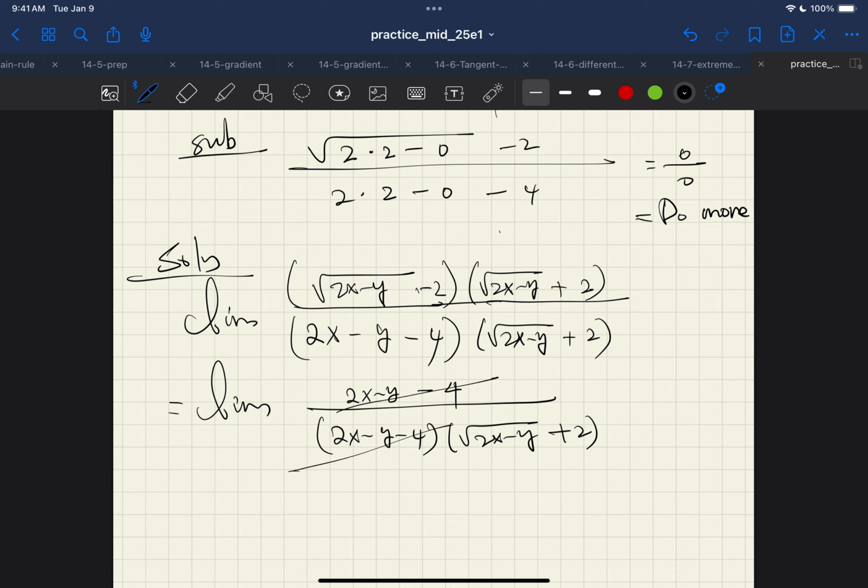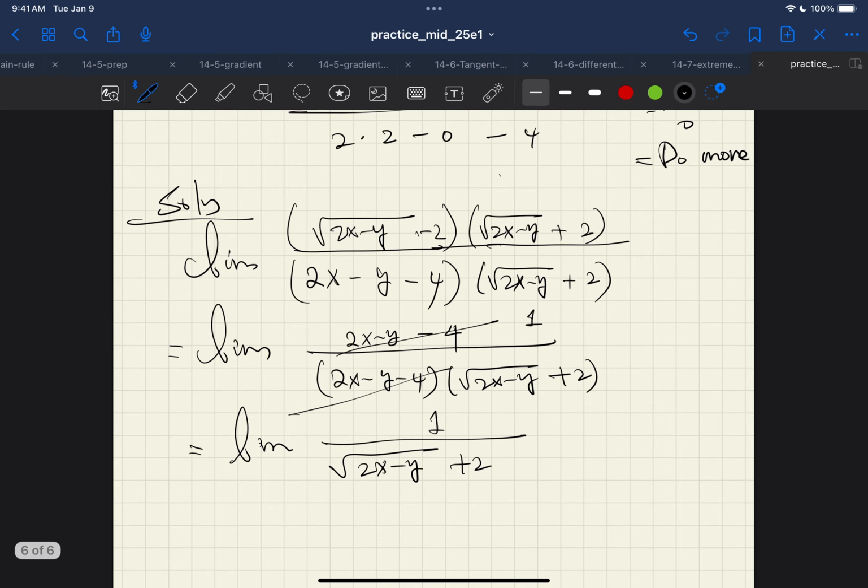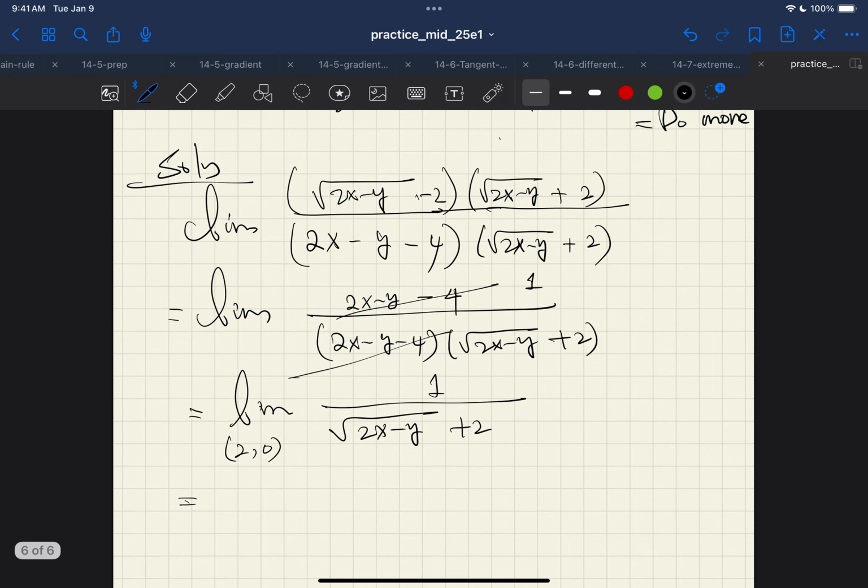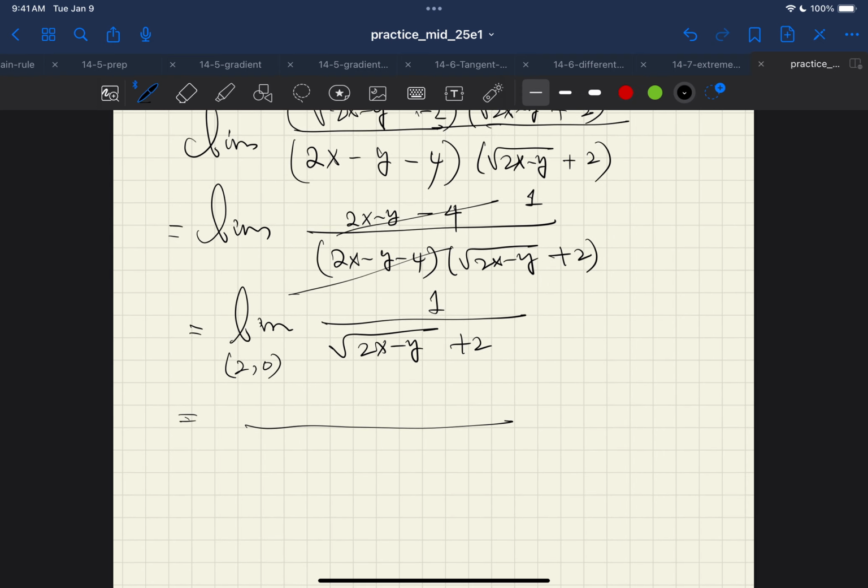So if I cancel this out, then we have a simplified form, which is enough to do substitution. So when I put 2, 0 here, this becomes 1 over 2 times 2 minus 0 plus 2, which is 1 over 4.